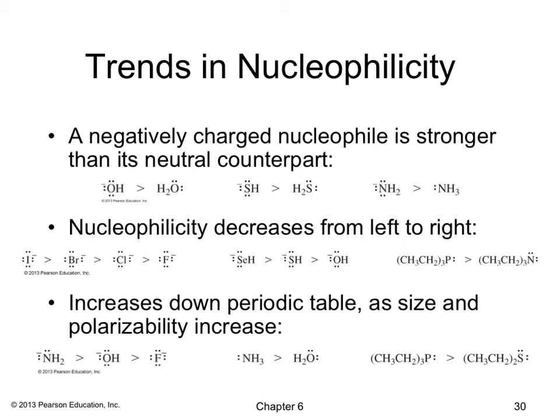And nucleophilicity decreases from left to right, so as you go from iodine to bromine to chlorine to fluorine, here's the trend. Selenium, hydride, thiol, hydroxide, here's your trend.